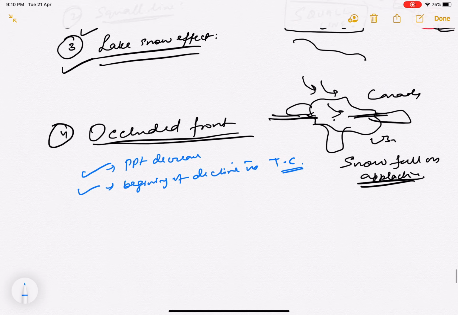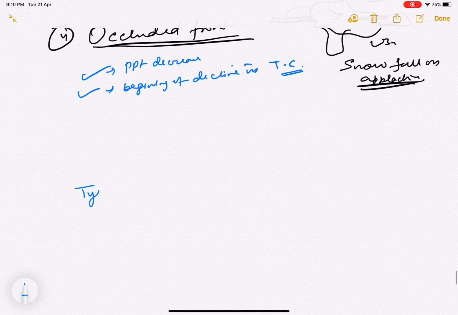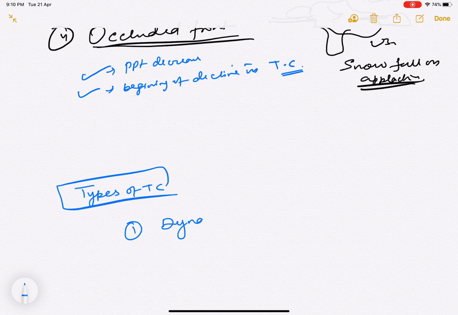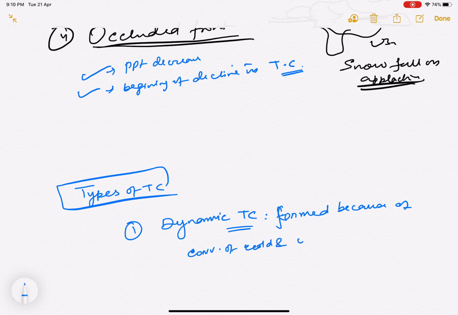Now, what are the types of temperate cyclone? The first temperate cyclone that we talked about was the dynamic. This dynamic temperate cyclone is the one we talked about, formed because of the convergence of cold and warm air masses.